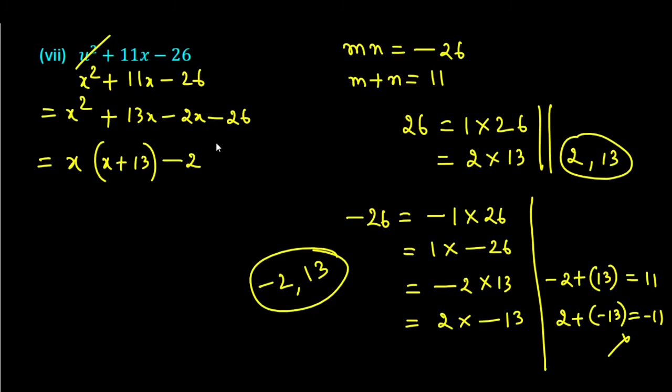Taking minus 2 as a common factor and rewriting, we get minus 2 into x plus 13. Here we have x plus 13 as a common factor. Taking it out, we get x plus 13 into x minus 2. So we have factorized x square plus 11x minus 26 as x plus 13 into x minus 2.